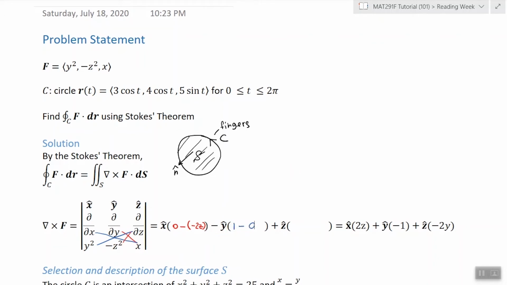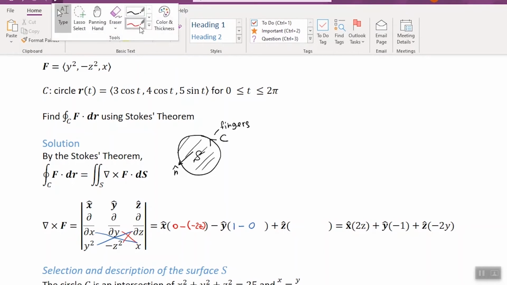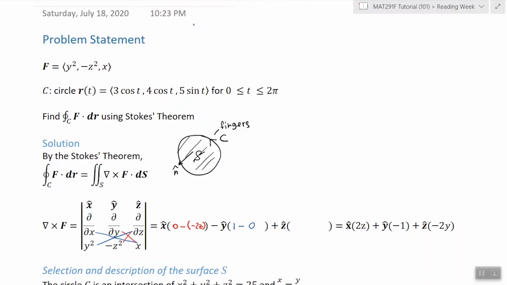For the z component, we have this determinant, so we get 0 minus 2y. And here I just simplified this expression. I got 2z because negatives canceled. And then I have -1 for the y component and -2y for the z component.